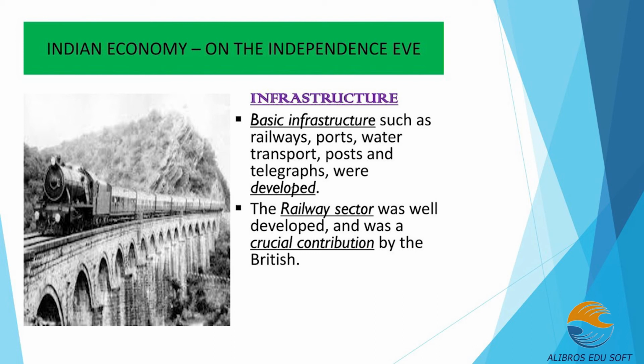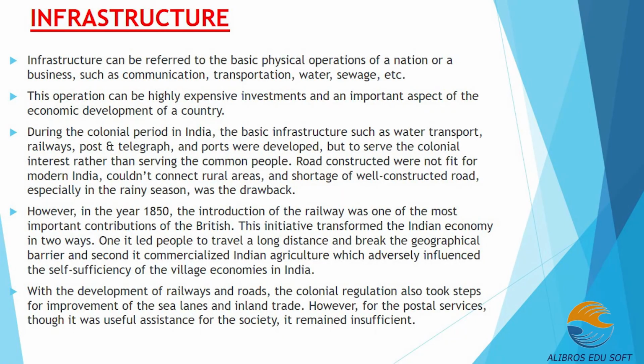Infrastructure refers to the basic physical operations of a nation or a business, such as communication, transportation, water, sewage, etc. Transportation comes under roads, railways and waterways, then the sewage and drainage system: all the basic facilities that a country needs to set up. This operation can be a highly expensive investment and an important aspect of the economic development of a country.